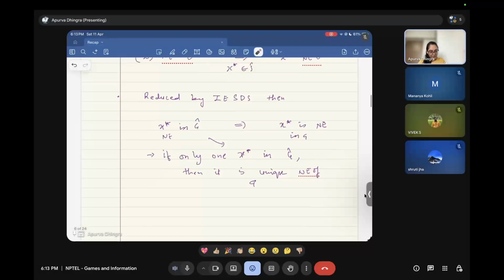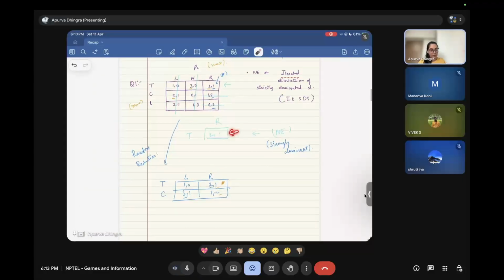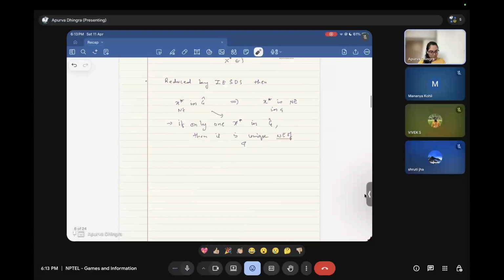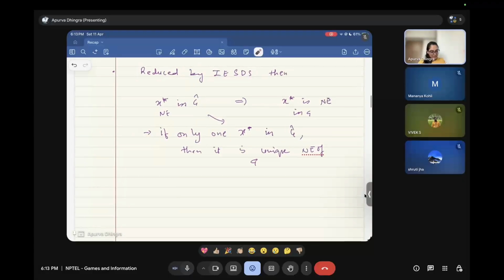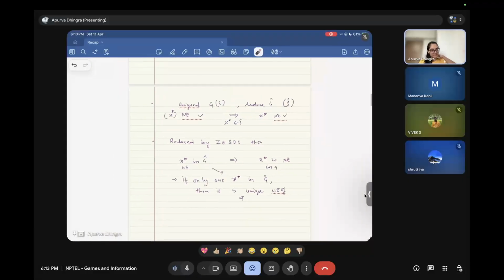Now, if the game G hat reduces to just one profile, some X star, for example, here we got this TR, then that is actually going to be a unique equilibria of the original game also. So these are some of the things that we saw in the first week's lecture.